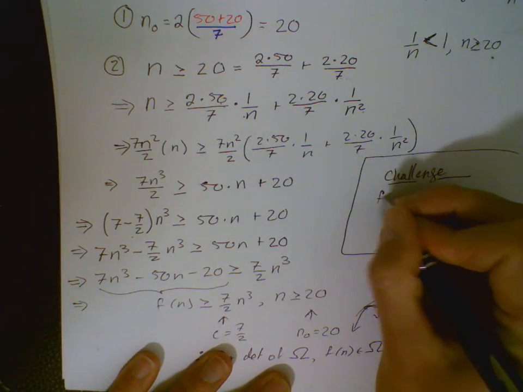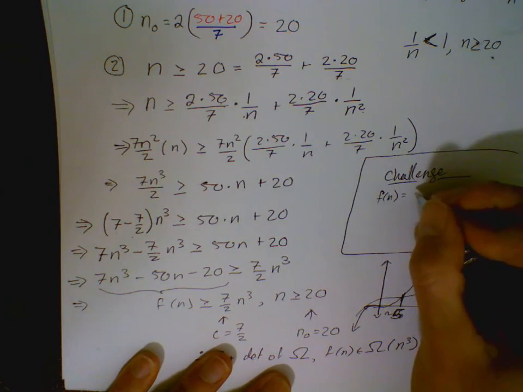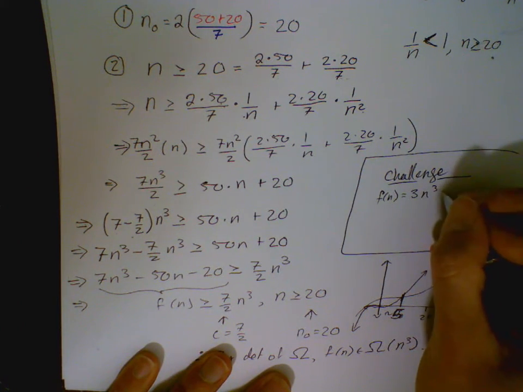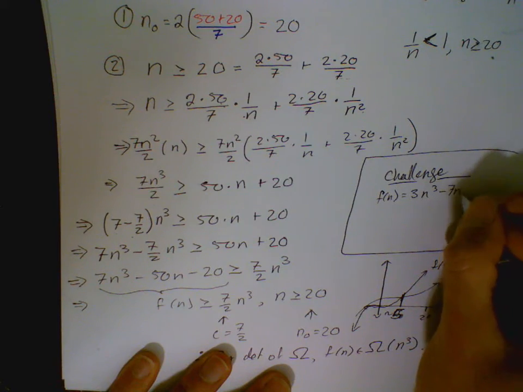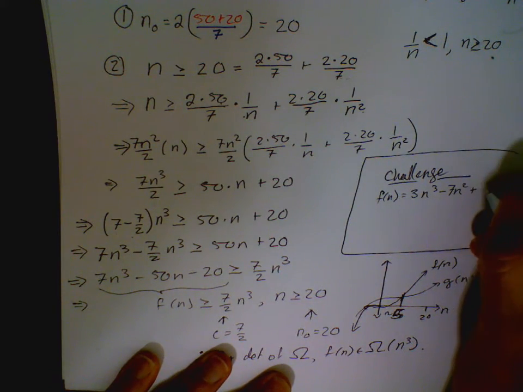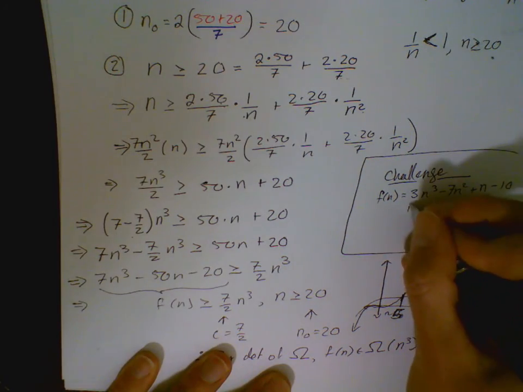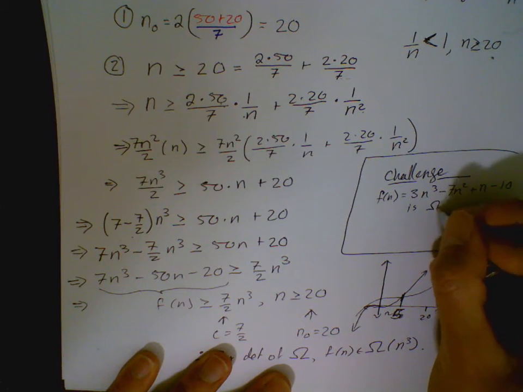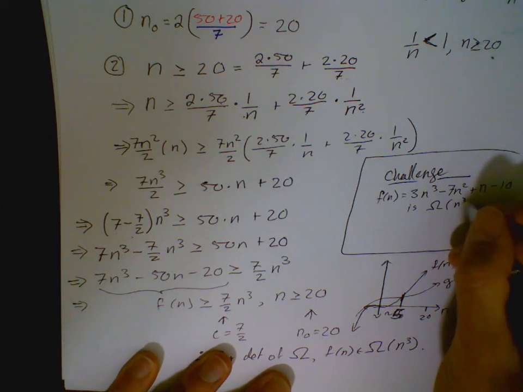Show that f of n, which equals 3n cubed minus 7n squared plus n minus 10, is big omega of n cubed.